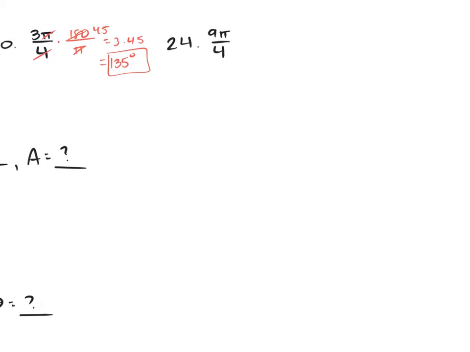And lastly, let's look at 9 pi over 4. So we're going to multiply by 180 over pi. The pi's cancel. 4 goes into 180 45 times. 45 times 9 is going to be 405 degrees.